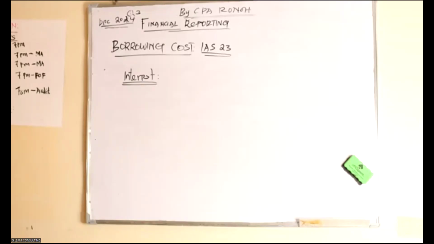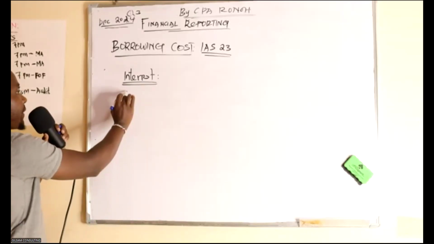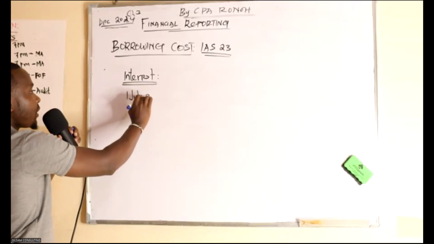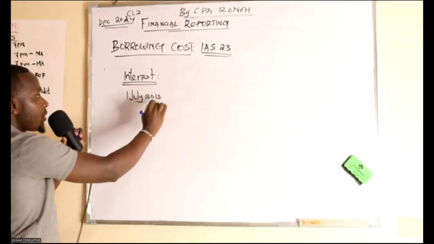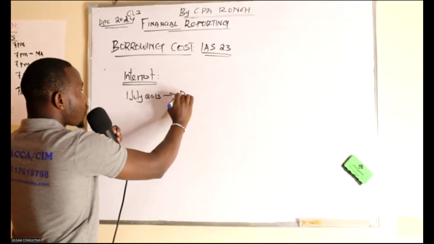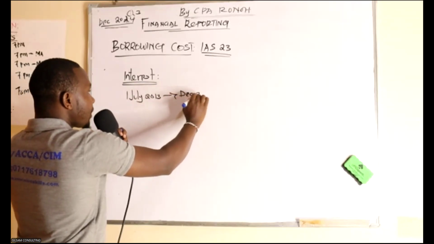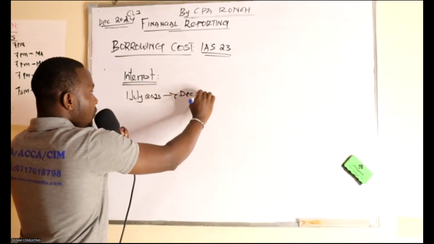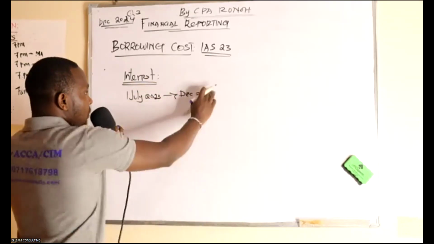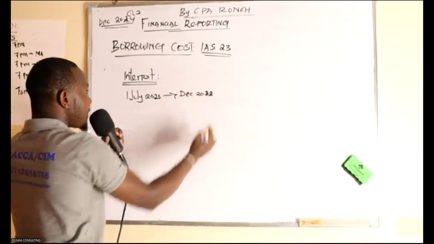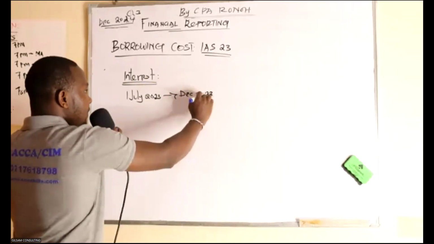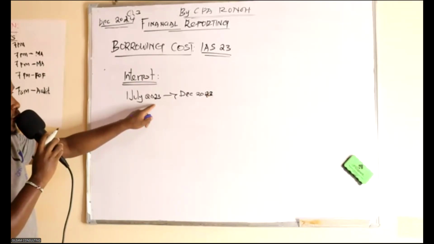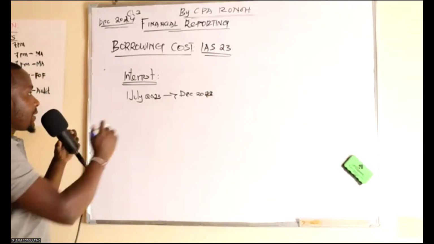So we have to get the interest from 1st July 2023 to December 2023. That is 6 months. From 1st July 2023 to December 2023, this is 6 months.